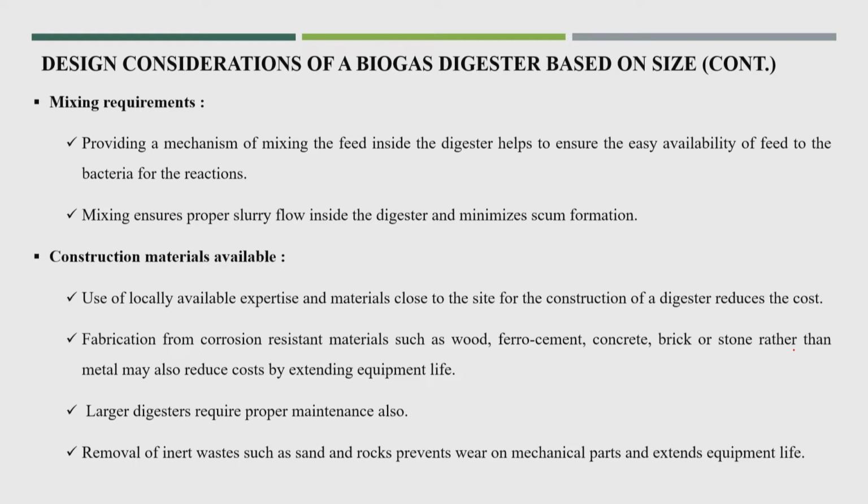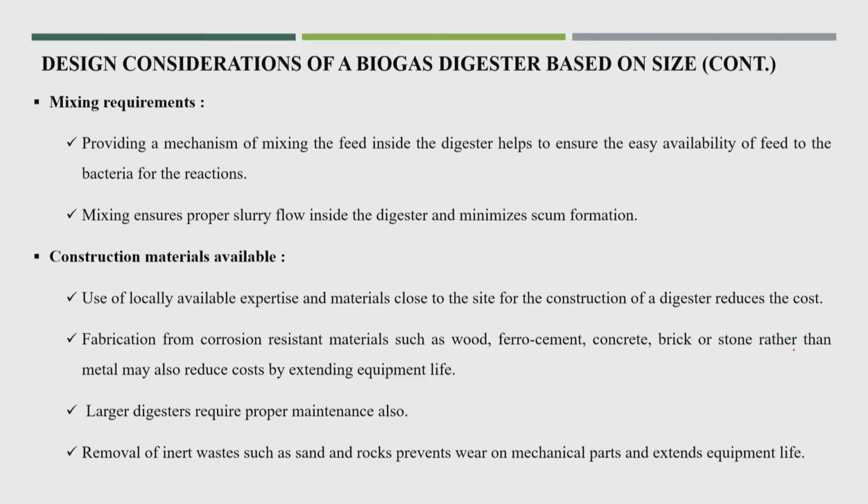Now, construction material available: the use of locally available expertise and materials close to the site for the construction of biogas plants reduces the cost. Fabrication from corrosion resistant materials such as wood, ferro cement, concrete, brick, stone rather than metal may also reduce cost by extending equipment life.